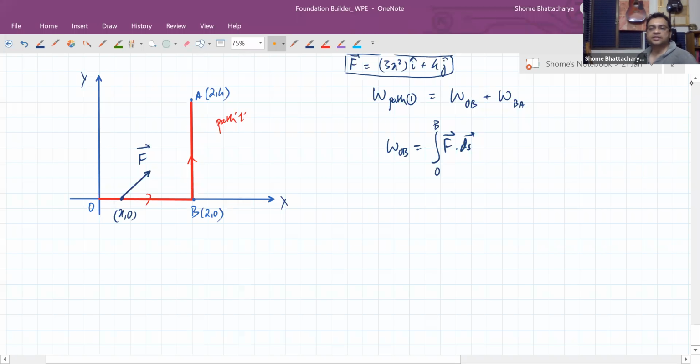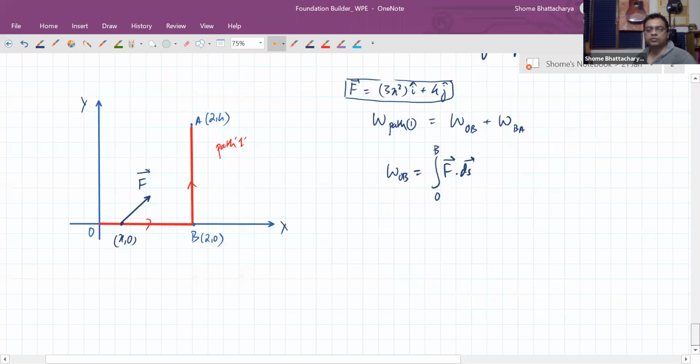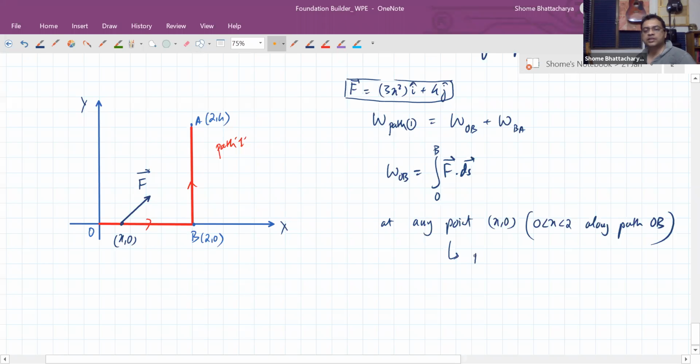Now specifically, while going from O to B along the x-axis, at any point (x, 0), where x is greater than 0 but less than 2, along the path OB, the force at that point is obtained by just substituting the coordinates.